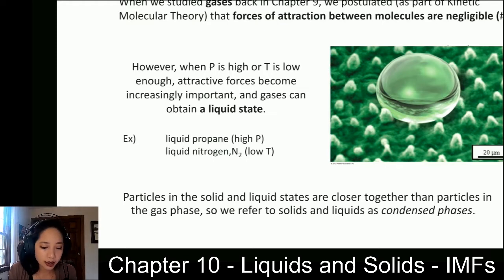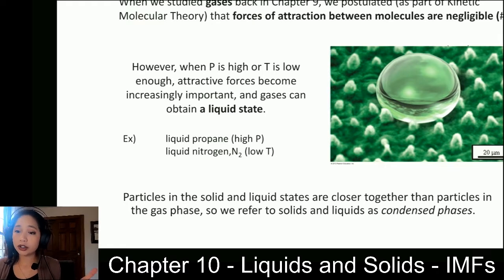So examples are liquid propane, the propane tank that you fill for your gas grill. You take propane gas and put it into your cylinder, and you get a very high pressure in your gas cylinder. So the propane in those grill cylinders is in the liquid state because inside the cylinder there is a high pressure, and intermolecular forces are keeping those propane molecules close together, so they're in the liquid phase instead of the gaseous phase, until you open up the tap and release the gas.